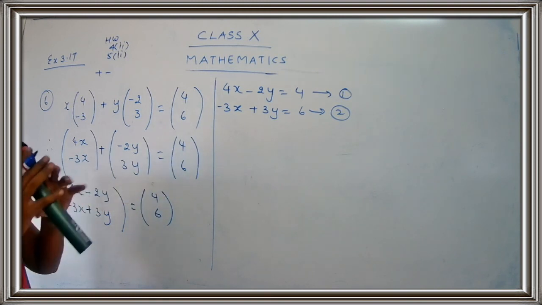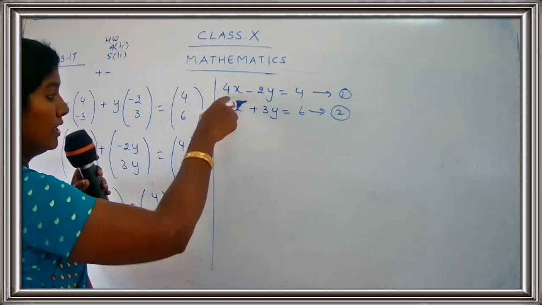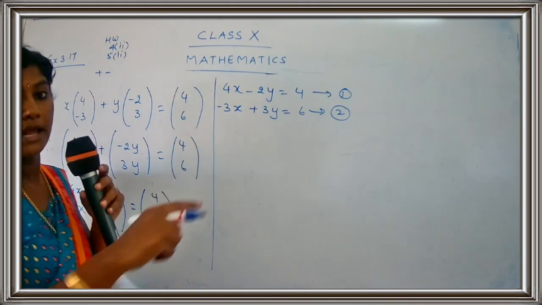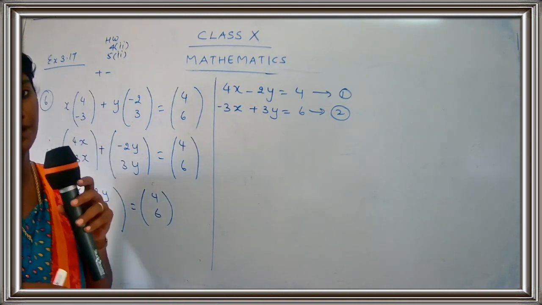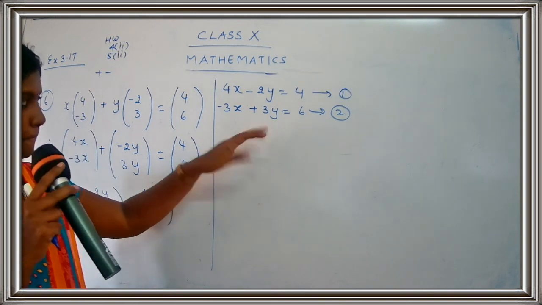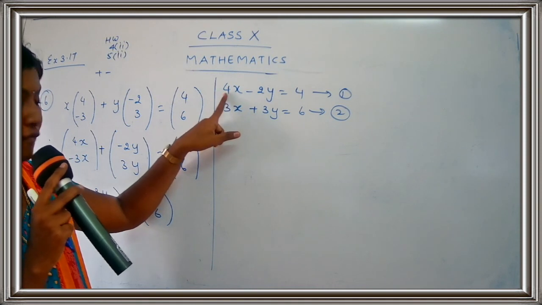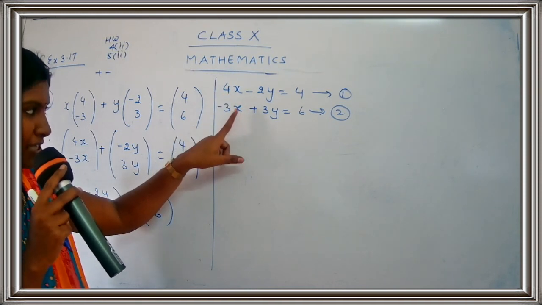So if you have to solve, you have to get the coefficient the same. If you get the same coefficient, we can cancel one of the terms and find out the other variable. Are you getting my point? See here. What is the coefficient of x here? 4. And what is the coefficient of x here? Minus 3.